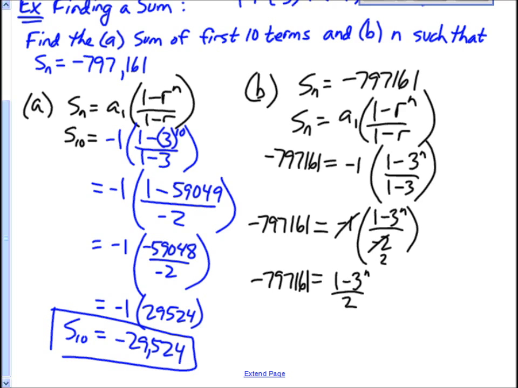Multiply both sides by 2: negative 797,161 times 2. Punch that in. Negative 1594322.